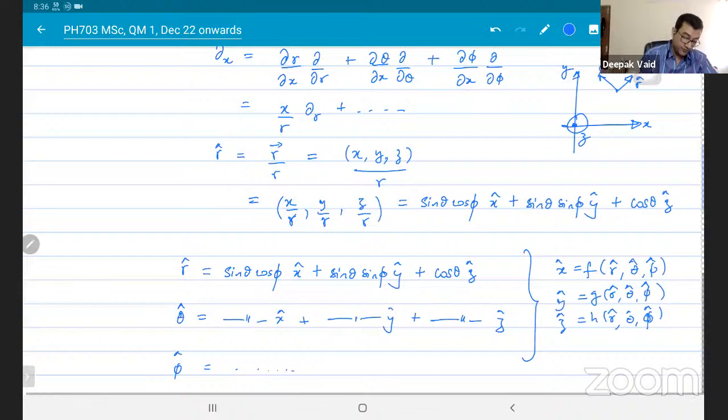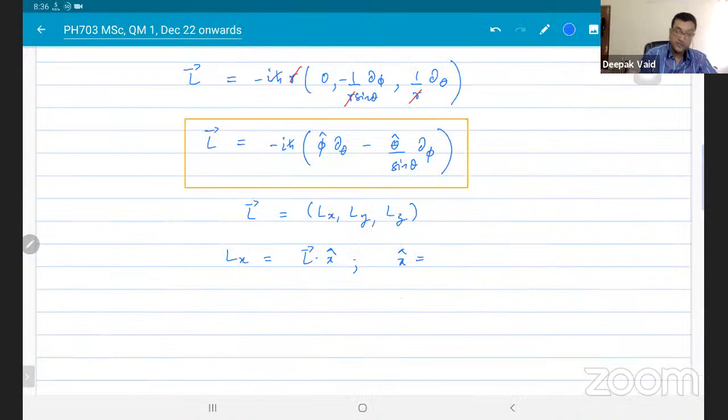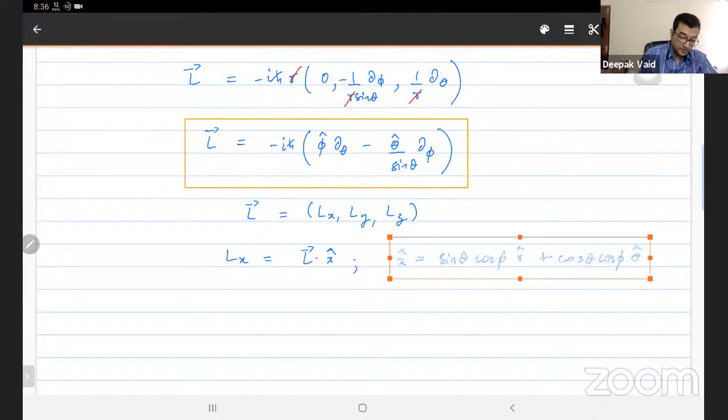As I told you, you can derive what x hat is. Let me write down the expression for you. x hat looks like this: sine theta cosine phi r hat plus cosine theta cosine phi theta hat.